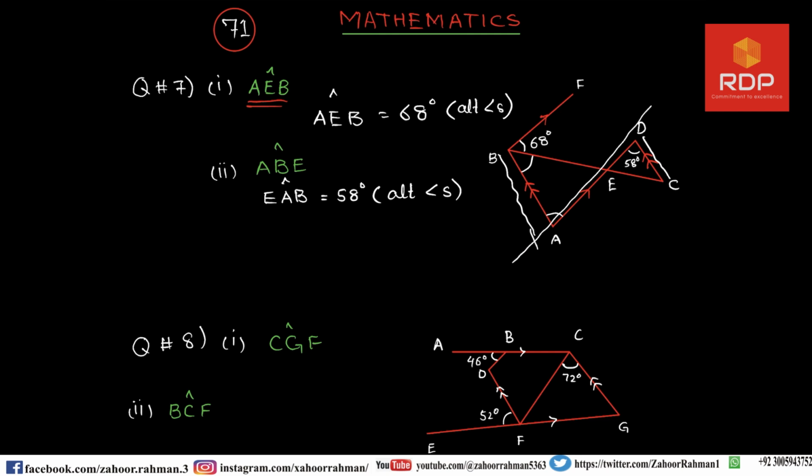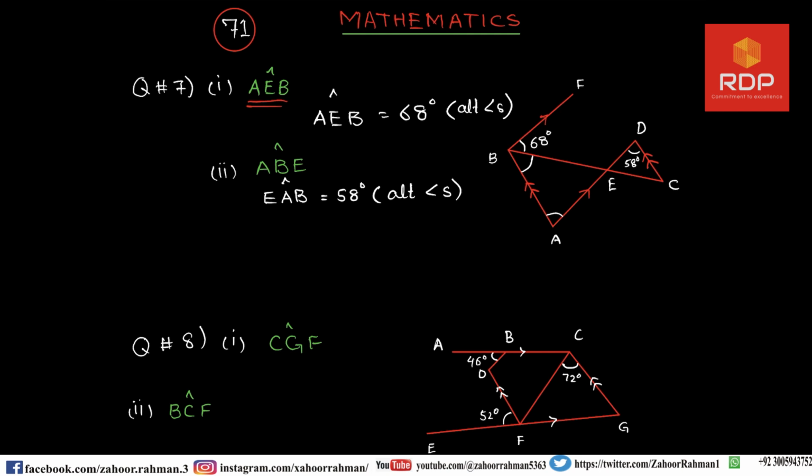So ladies and gentlemen, when this is the transversal line of these, then this angle will be equal to this angle by the alternate angles theorem. So we are writing this, and we wrote it actually 58 degrees.